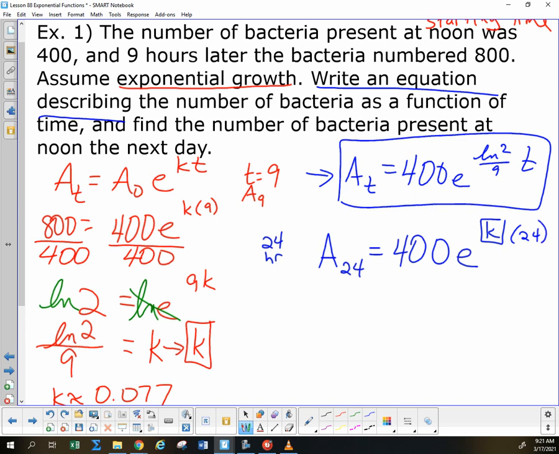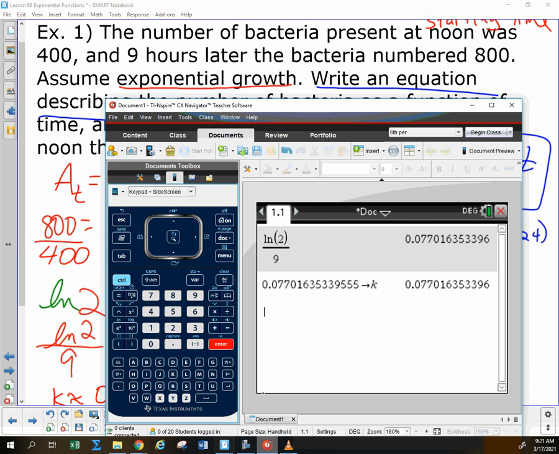So we go back to our calculators, and we now type in 400. Same thing again there. So 400, and then when we want e to the something, get my 400 to show up, e to the x button, and then we can do either k times 24, or I'm just going to do 24, and then my stored k, and then enter.